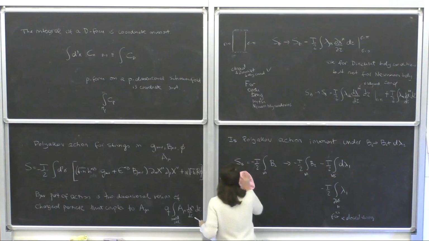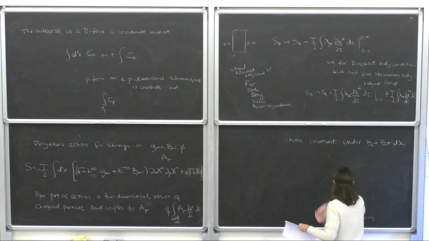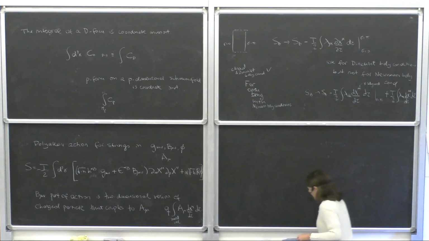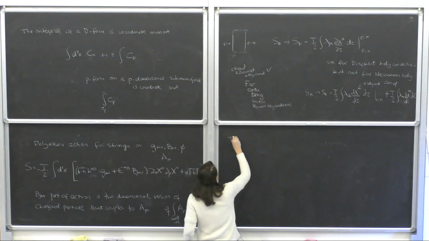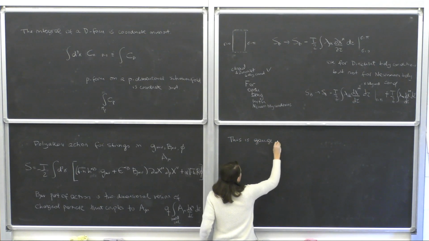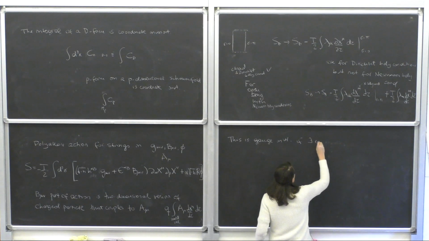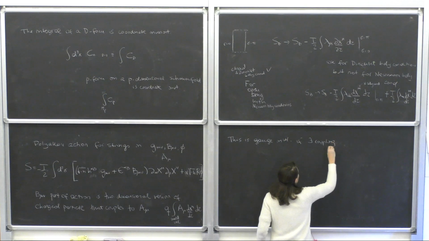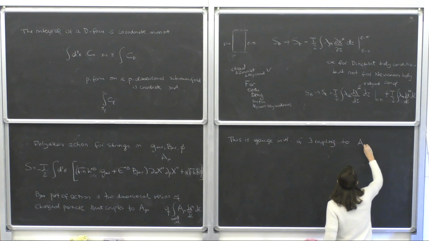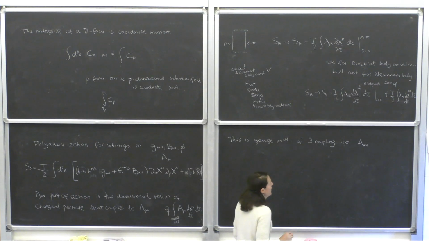So this is gauge invariant if there is a coupling to some A_M along the directions where we have Neumann boundary conditions.